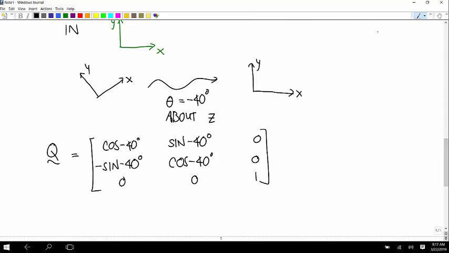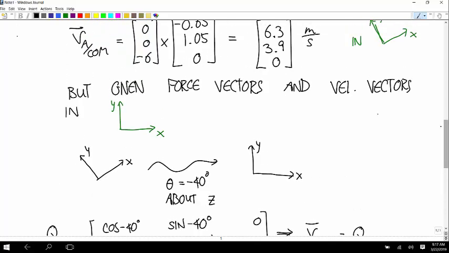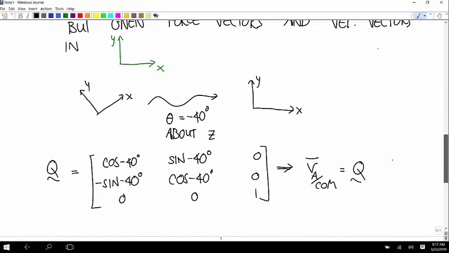And now you just multiply that by the vector that we just got. So our velocity of A relative to the center of mass is equal to Q times this vector we got here, 6.3, 3.9, 0.